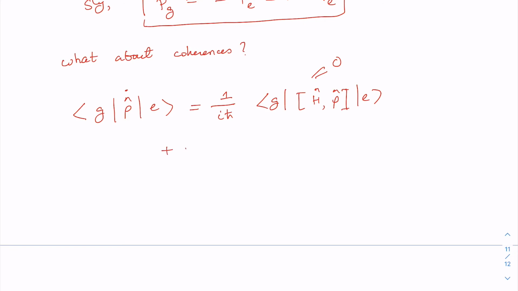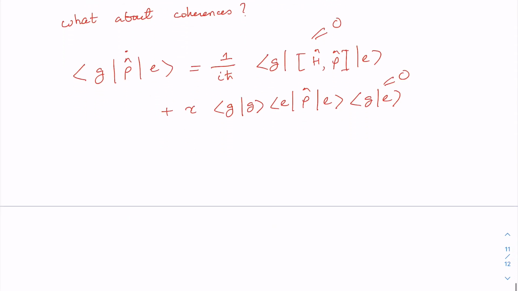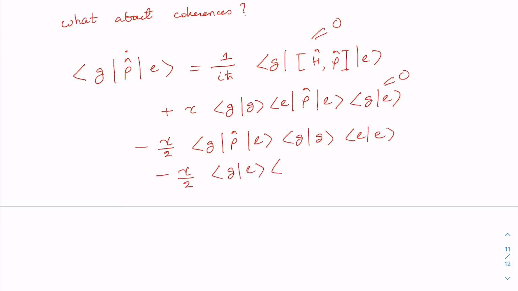The second term you'll have gamma, multiplying this G here, G E ρ_EE, and you'll have G E. Of course this term is going to be 0. Then you will have minus gamma by 2, G E E ρ_EG, and then gamma by 2, ρ_EG E E.